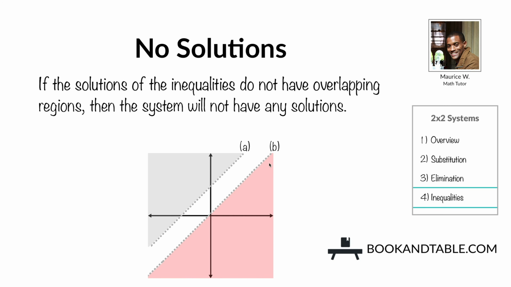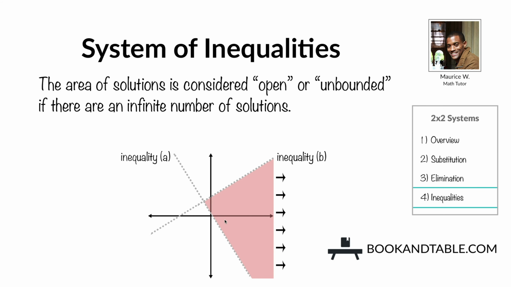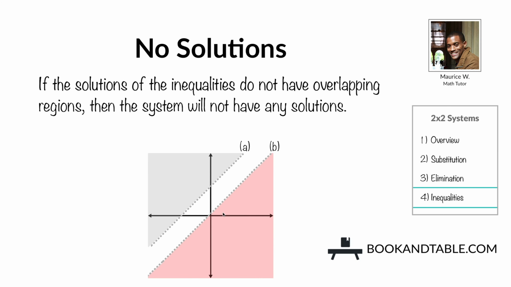And for inequality B, if the solutions were less than this point, these points would represent the solution to inequality B. So since these two regions do not overlap, the system for the two inequalities will not have any solutions. Remember, these solutions are the overlapping area between the two inequalities. But if the areas do not overlap each other, then there are no solutions.